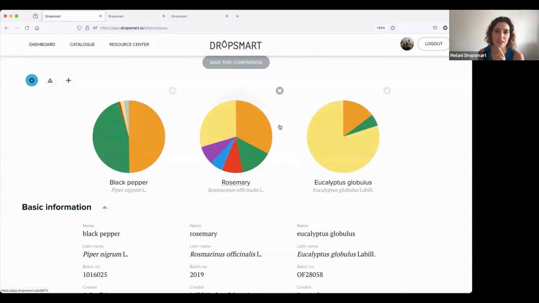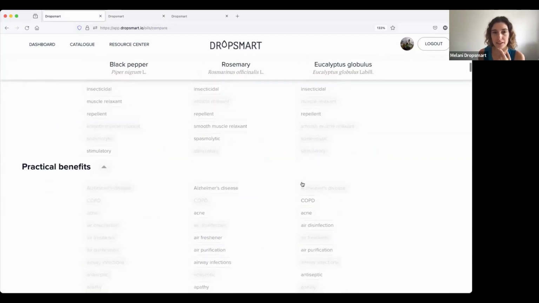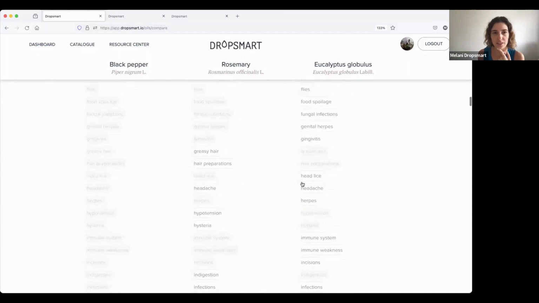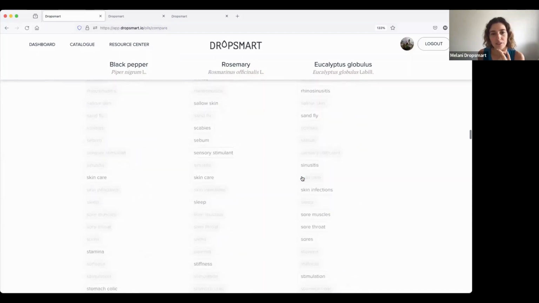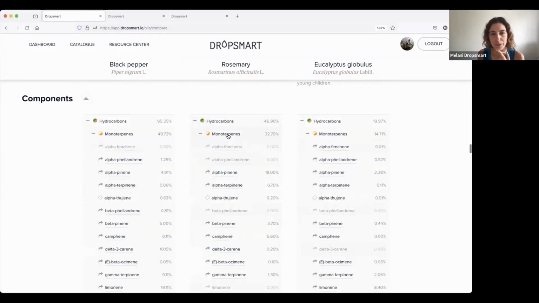So again, do you really want to blend it? Maybe, your choice. But if you look at the monoterpenes, alpha-pinene, all of them have it, even your eucalyptus, and beta-pinene less here. Maybe you want to boost up a little bit of that, or you just want to use it for the smell.